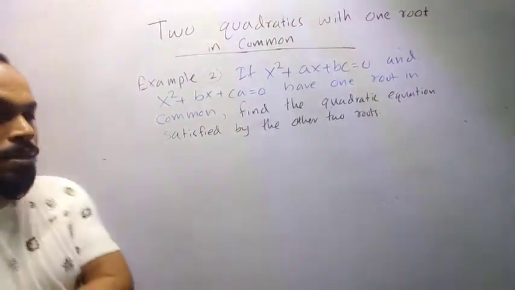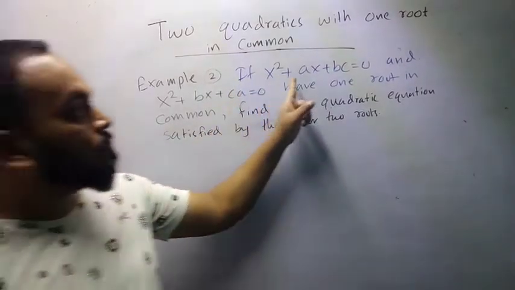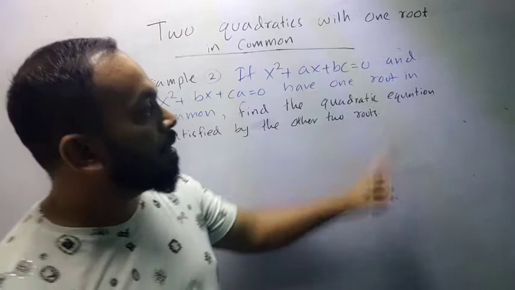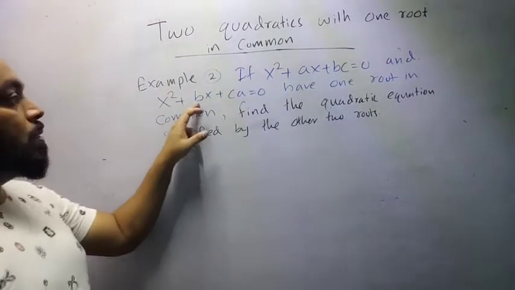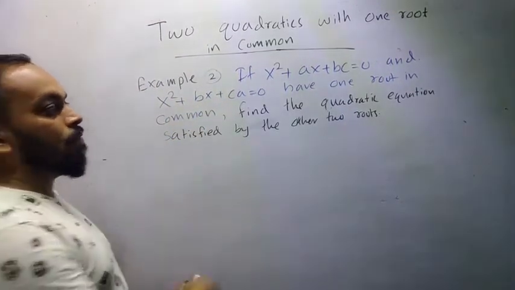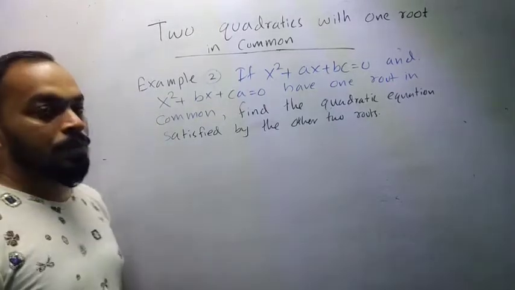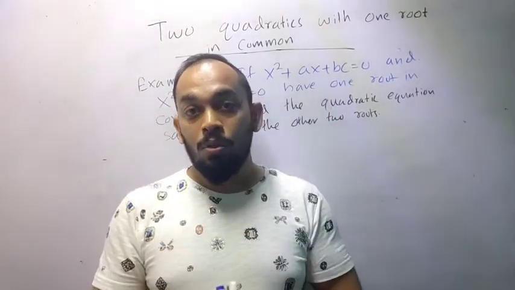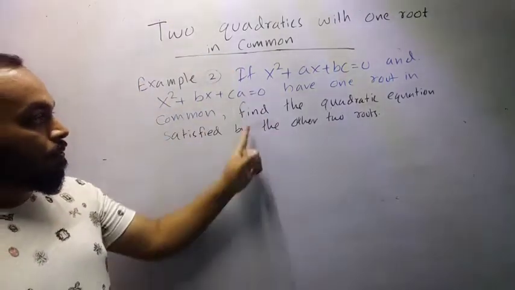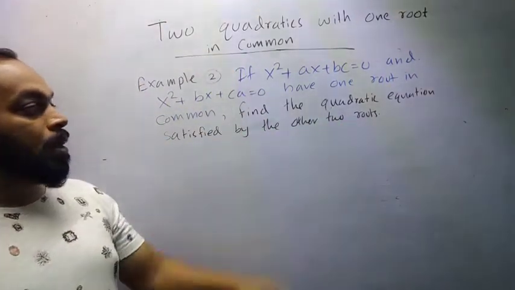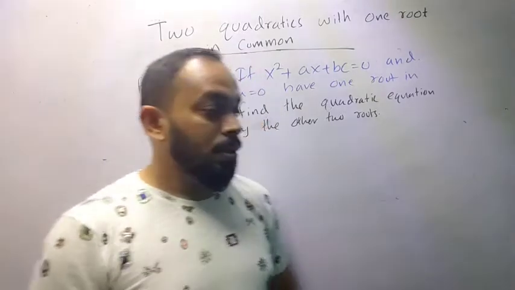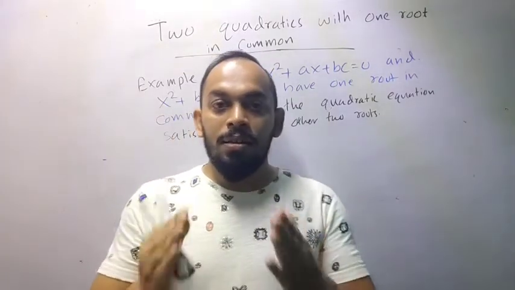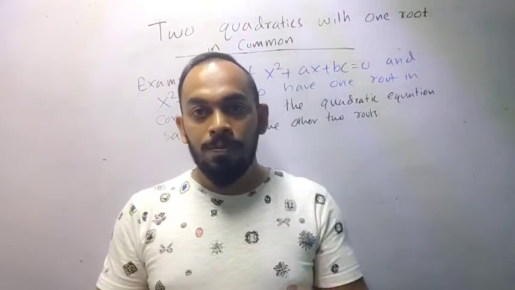Right, so in this example, you can see x squared plus ax plus bc equals 0 and x squared plus bx plus ca equals 0 have one root in common. So they state that both equations have one root in common. Find the quadratic equation satisfied by the other two roots. We know that in general a quadratic equation has two roots.